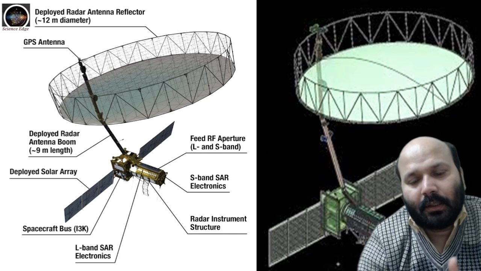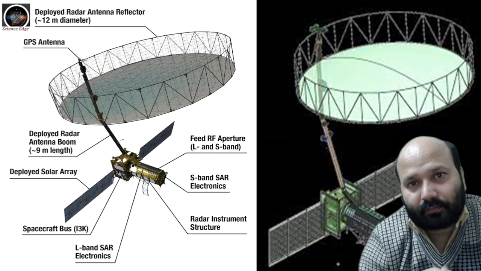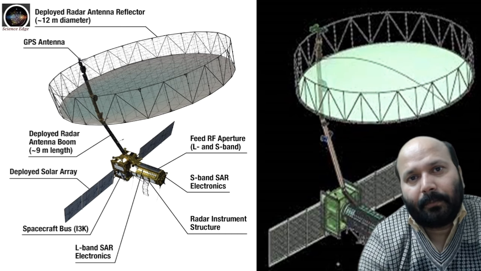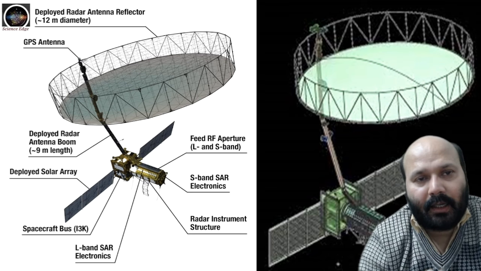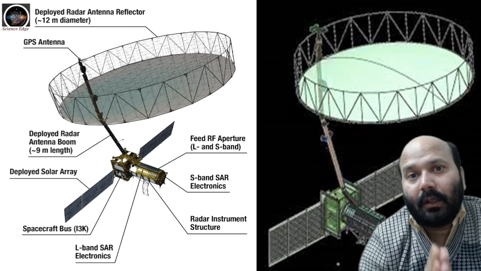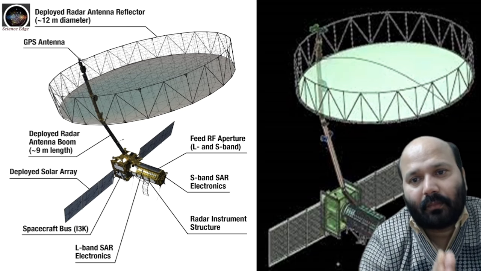ISRO contributed the S-band radar that will provide services for 5 years, and this S-band radar operates at a wavelength of 5 to 15 centimeters at a frequency of 2.4 gigahertz and helps in near and far range weather observation.